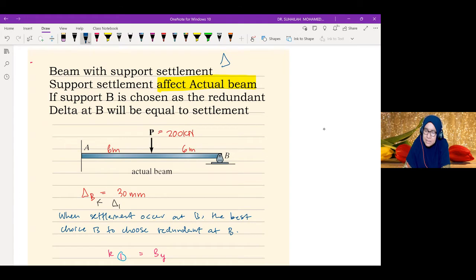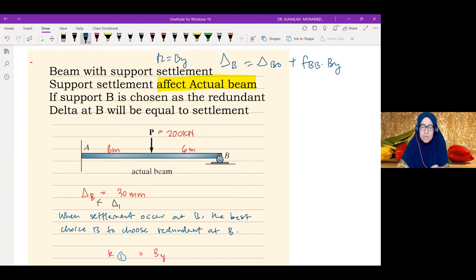Let's say delta B, because the redundant is at B. Redundant is BY, which means the position of the redundant is located at position B. So delta B is equal to delta B naught plus FBB times BY.